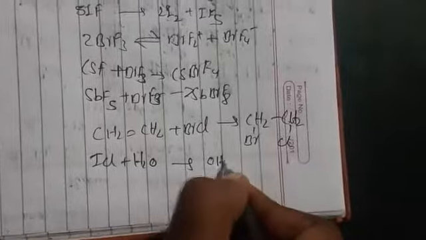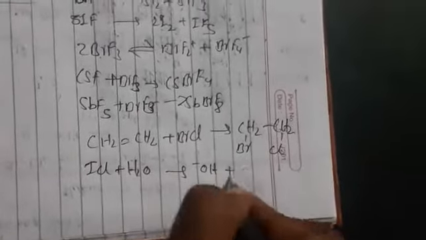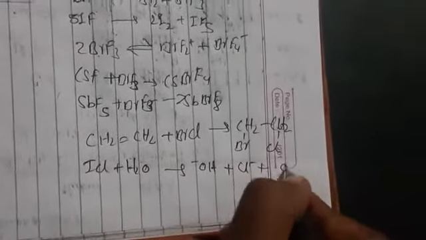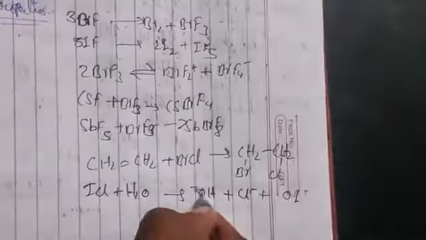ICl, when you do hydrolysis, gives OH minus, Cl minus, OI minus. So this is the thing: 2H plus, Cl minus, OI minus, and also BrF6.